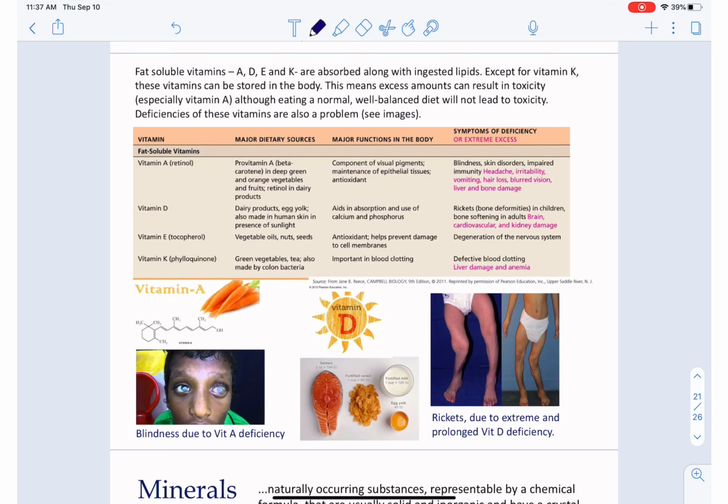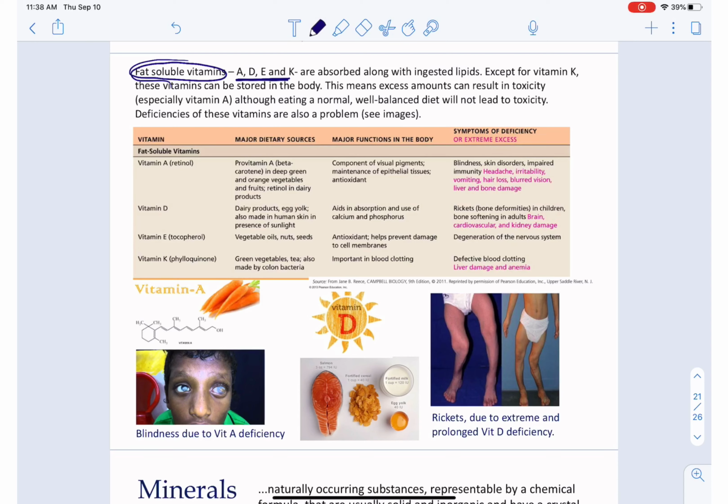The other category of vitamins are fat-soluble vitamins, and this includes vitamins A, D, E, and K. And what this means is that fat-soluble vitamins require lipids to be present to move from the gastrointestinal tract into the blood.